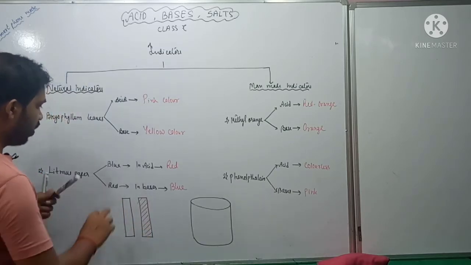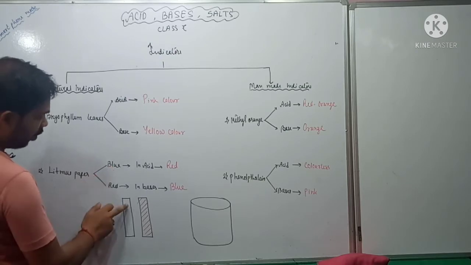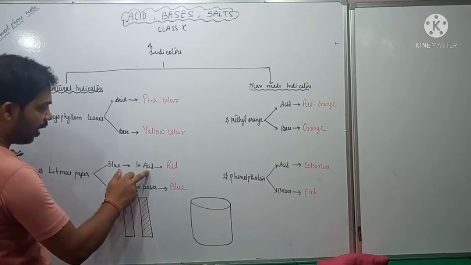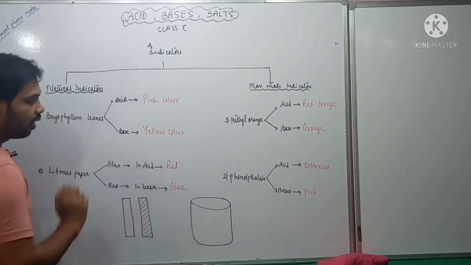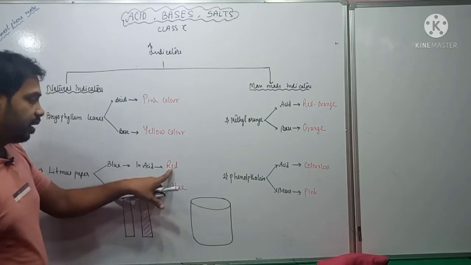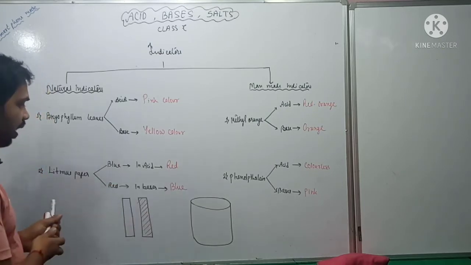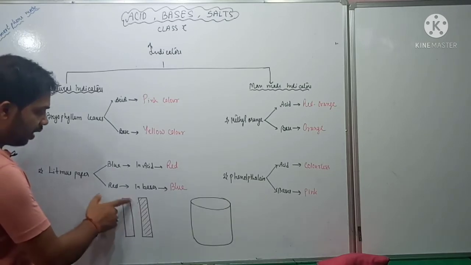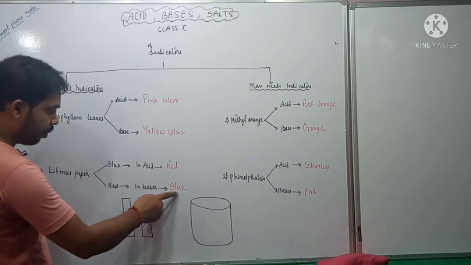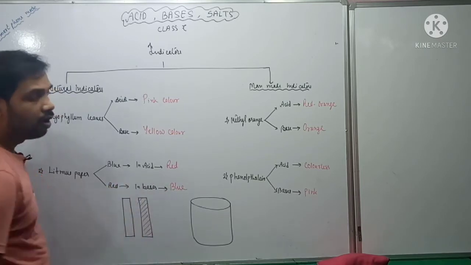So if you put blue litmus paper in acid, the color of the litmus paper changes to red, not the color of the acid. Again, when you put red litmus paper in base solution, the color of the litmus paper changes to blue.